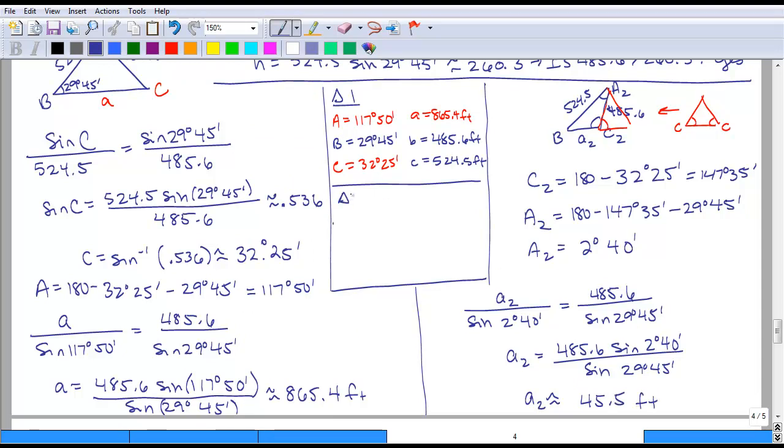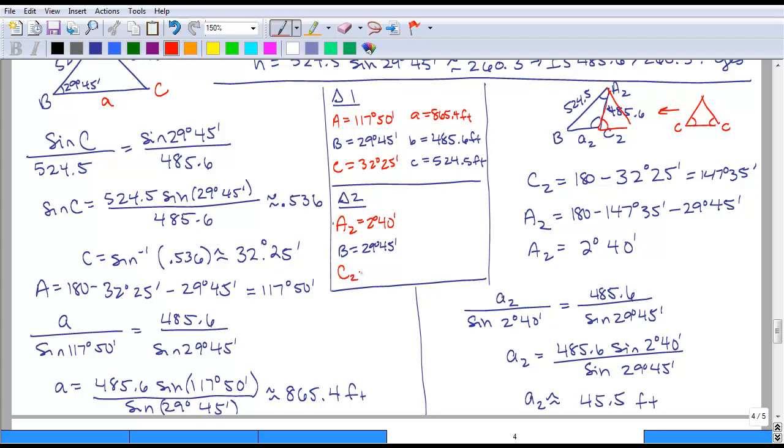So if we look at triangle 2 here, then we have angle A2. Angle A2 was found to be 2 degrees 40 minutes. Angle B is still the same, 29 degrees 45 minutes, because it was given.